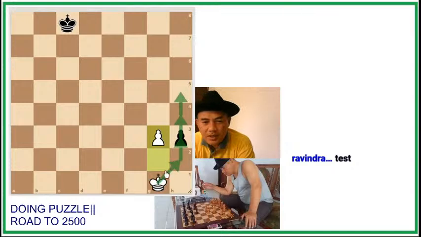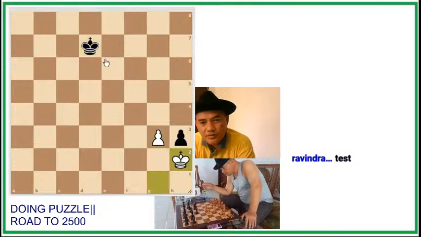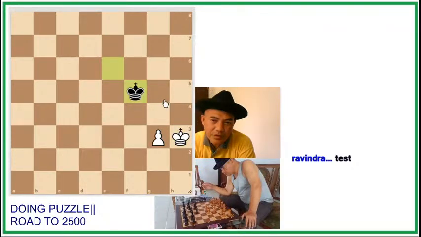But this move has two directions. Yes, to prevent this pawn from queening and to go to the key square. So after black goes here, the best move is here, and we will see, as we have learned before, that this is the key square to attack.